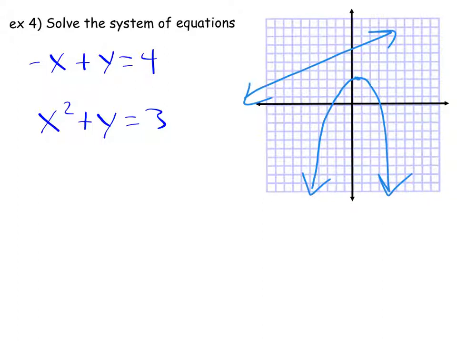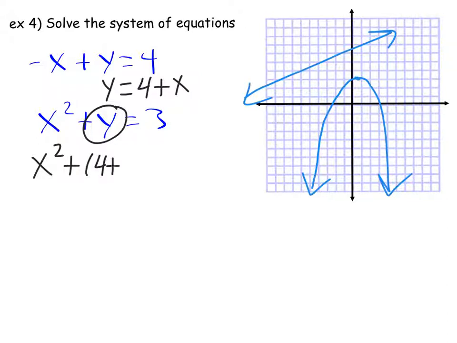Okay? This first equation up here could be rearranged pretty quickly to 4 plus x. Then I go down to my second equation, and I get it down to a single variable, and it really looks like the one before.